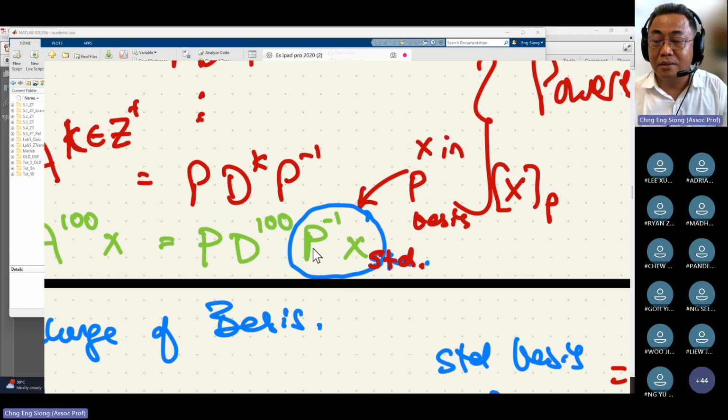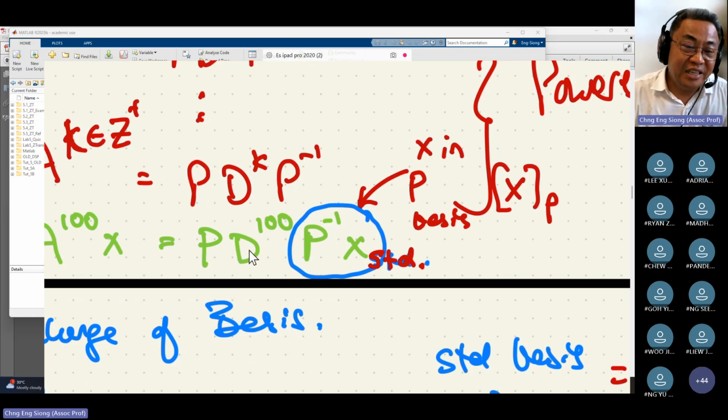All right. Now you realize that by doing this step, by changing X from the standard basis into the B basis, D, which was actually A in the B basis. Right? That's where the first sentence is.